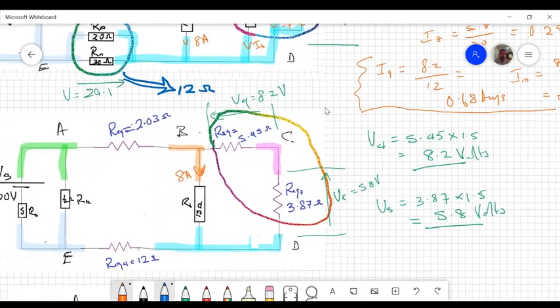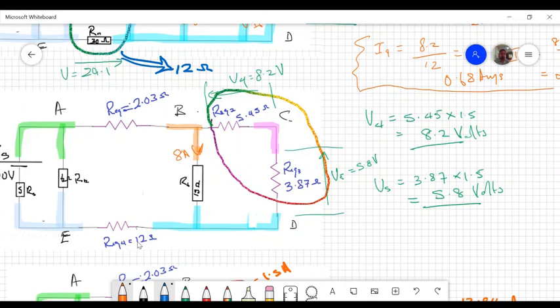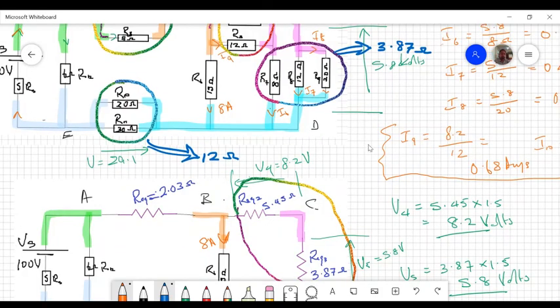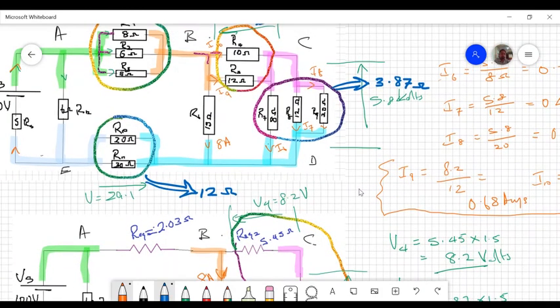Similarly, whatever voltage is across this 12 ohm must appear across this 29.1 volt combination. So that is the strategy you'll use, and you solve the circuit. Now you have to practice.